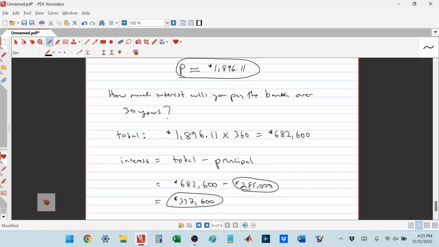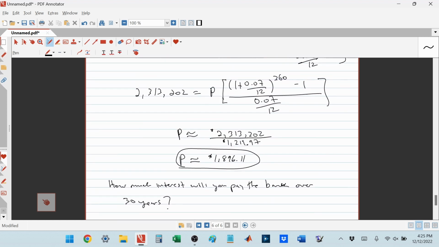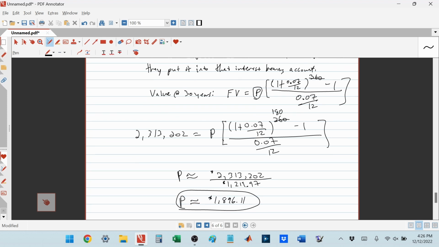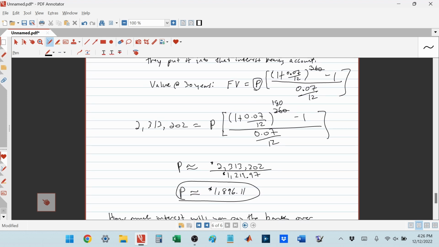We could ask the question, what's the monthly payment if it's a 15-year loan, not a 30-year loan? To figure that out, you would just change this number here to 180, 15 years times 12 months. And this number will definitely go up per month.